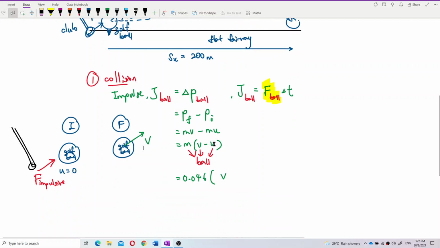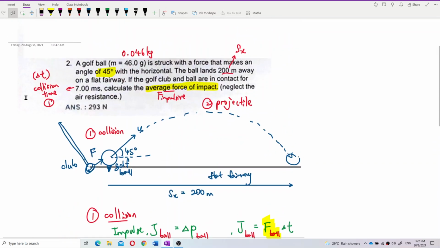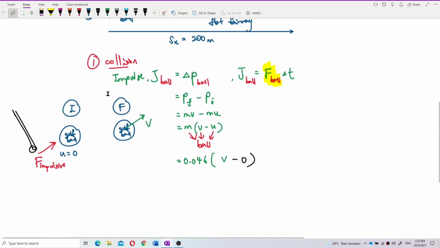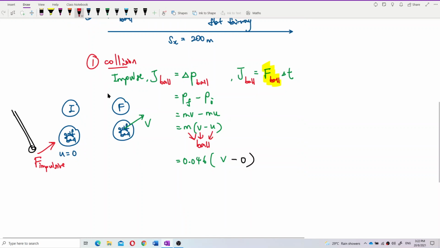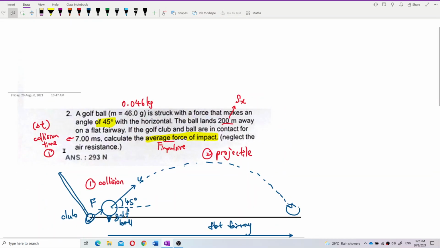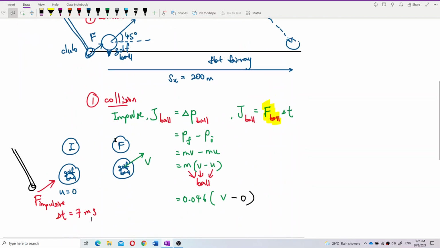So from here we know that this u is 0, because initially it is stationary, so this one is minus 0. After you hit it with an impulsive force, the collision time is 7 milliseconds.